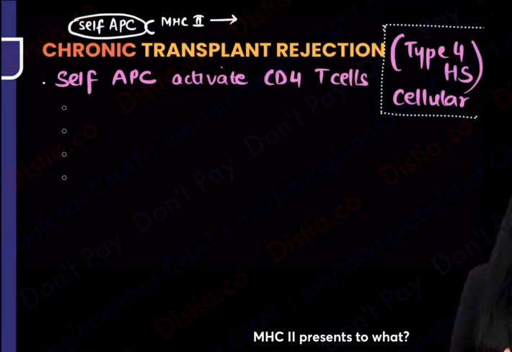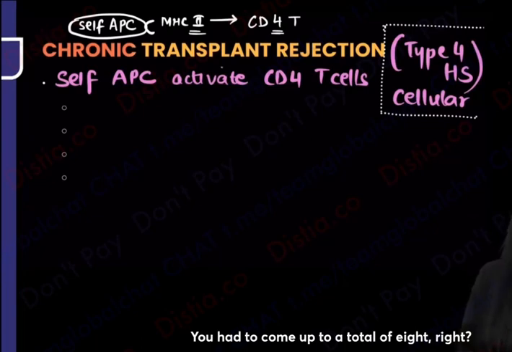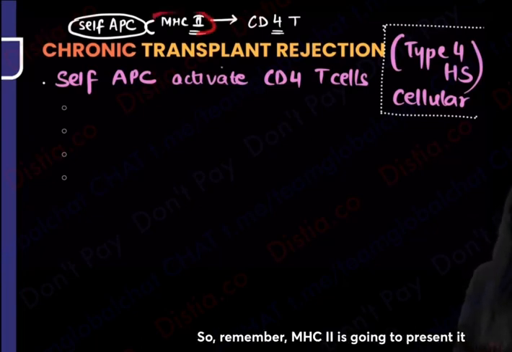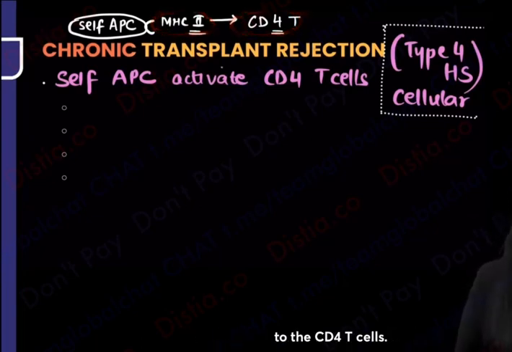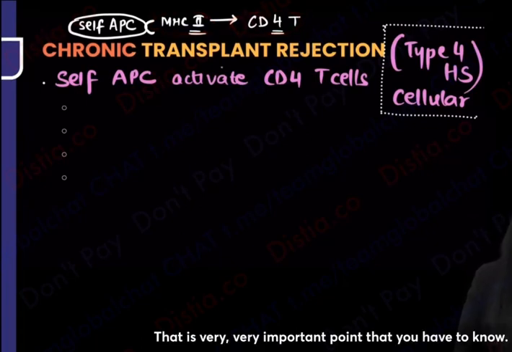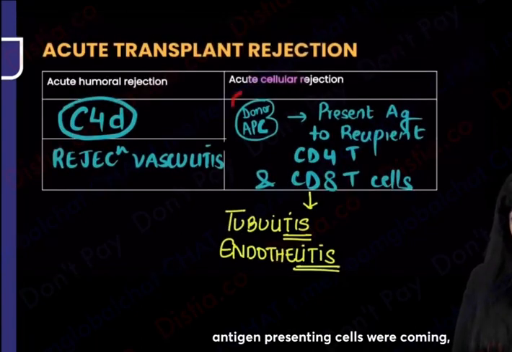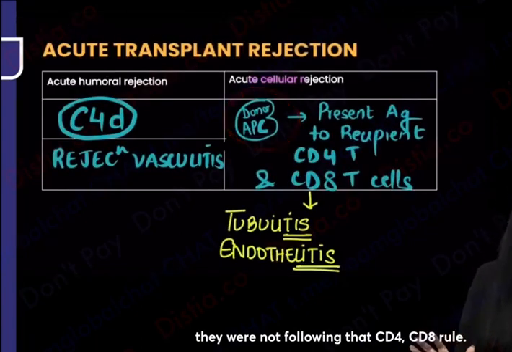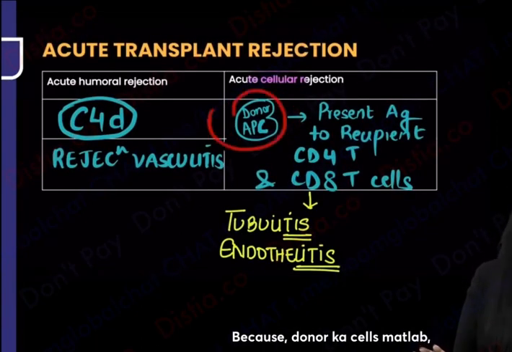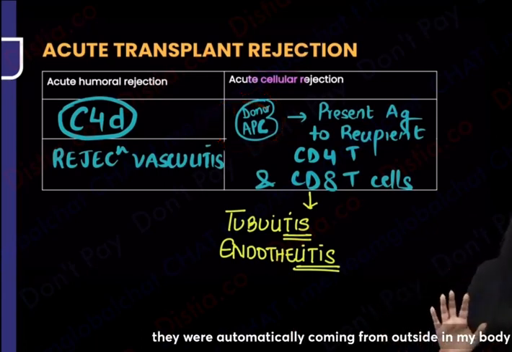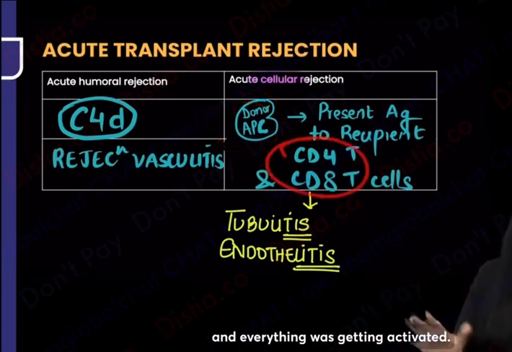MHC2 will present to CD4 T cells, because 2 times 4 is 8. You had to come up to a total of 8, right? So remember, MHC2 is going to present to the CD4 T cells. That is a very important point that you have to know. So now I realize that when the donor's antigen presenting cells were coming, they were not following that CD4 CD8 rule, because the donor's cells were automatically coming from outside into my body and everything was getting activated.